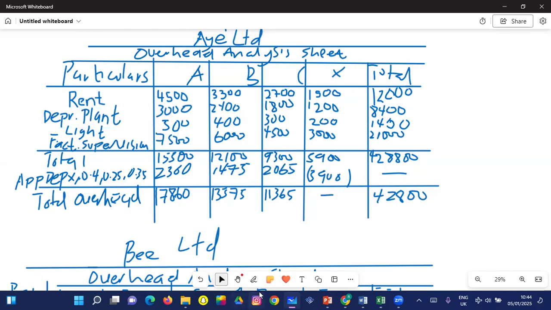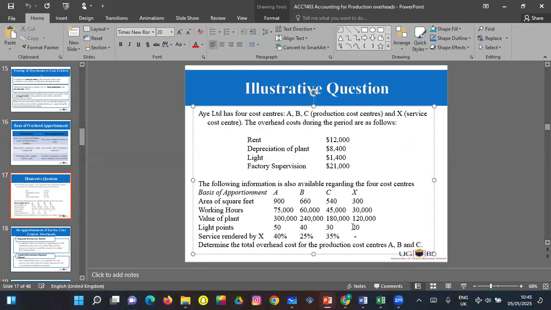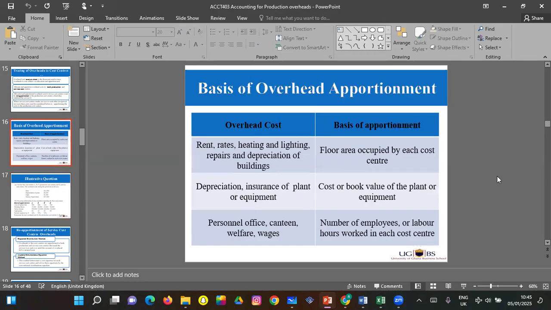The total amount of rent. You see, rent wasn't given bit by bit for each department, but it was given in total, which was 12,000. So rent, remember, the base of apportionment is on the basis of the area of square feet, or look at it here, the base of apportionment for rent is floor area occupied, right?